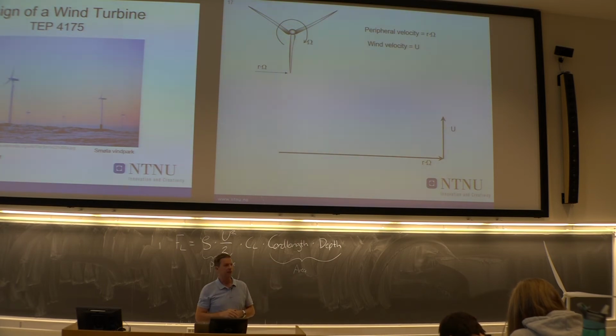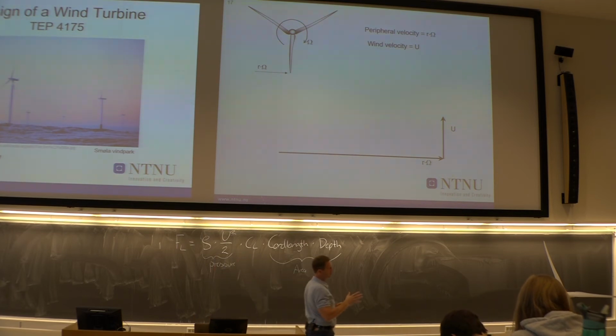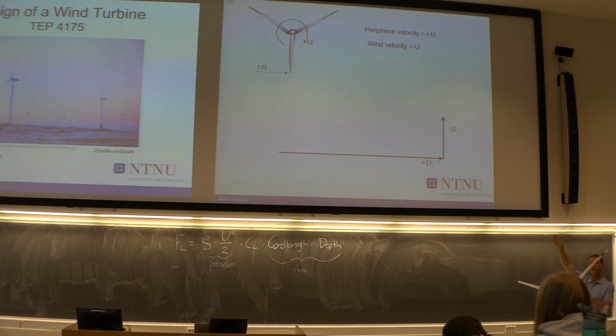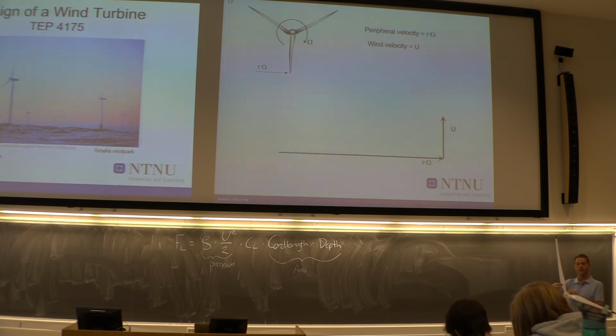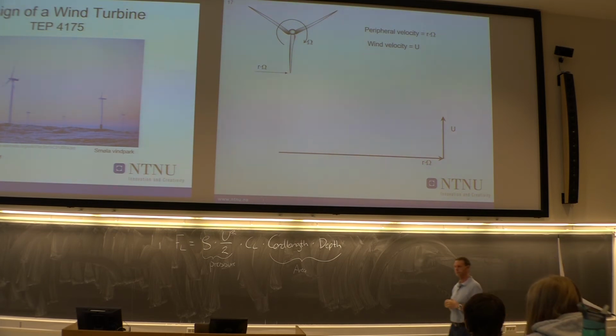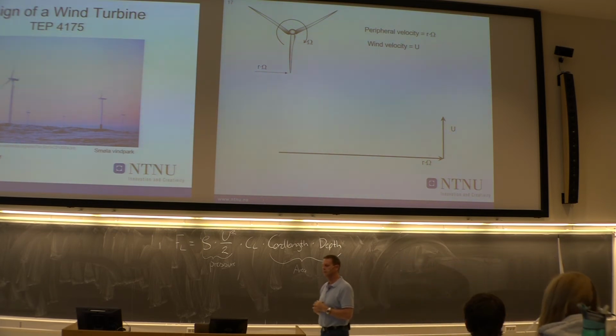The wind velocity is normal to the surface of the turbine. So we have the peripheral velocity, which is a tangent to the rotation, and the wind is coming normal to that line. So we have two velocity components normal to each other. The relative velocity is simply the vector sum of these two.